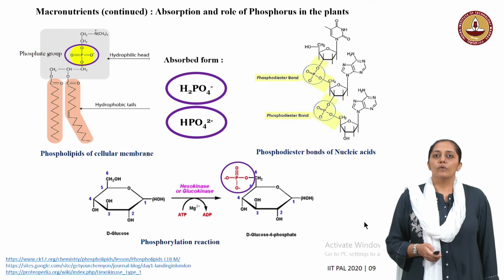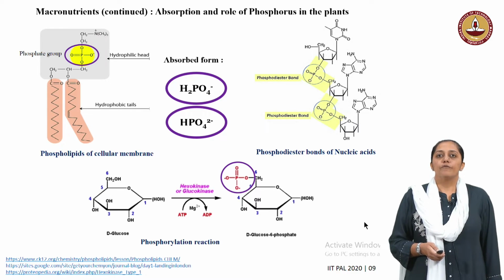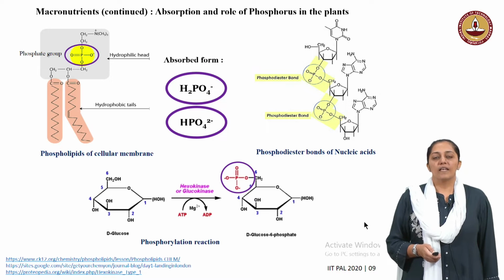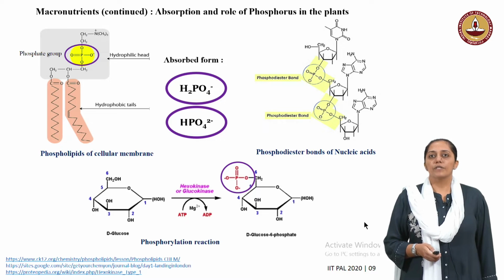Phosphorus is also a part of phosphate groups in the phosphodiester bonds of nucleic acid, shown here again in circles.